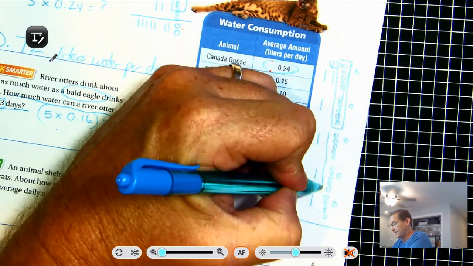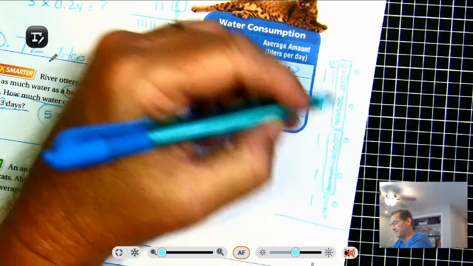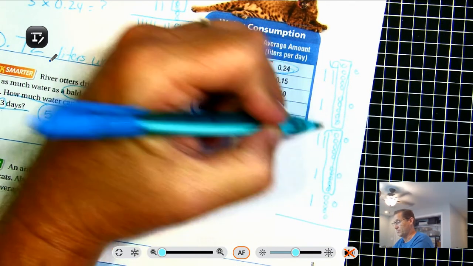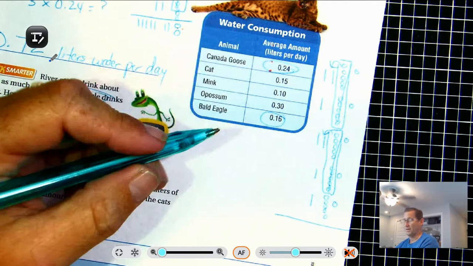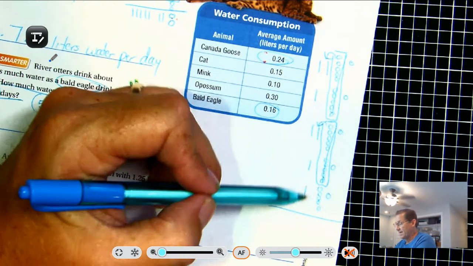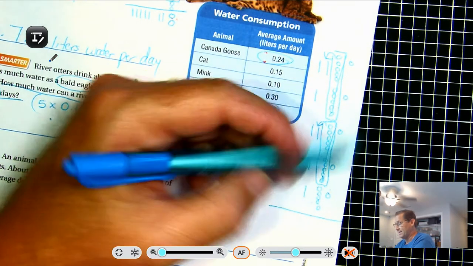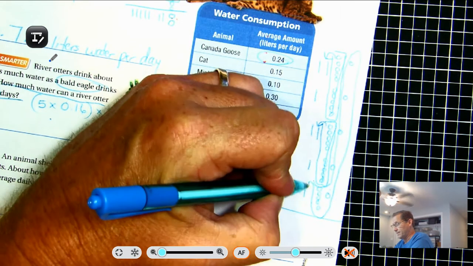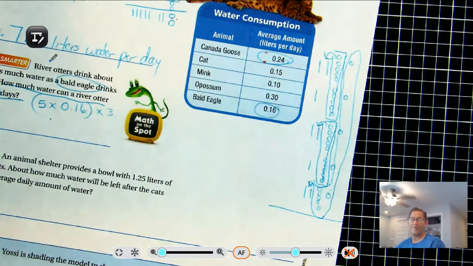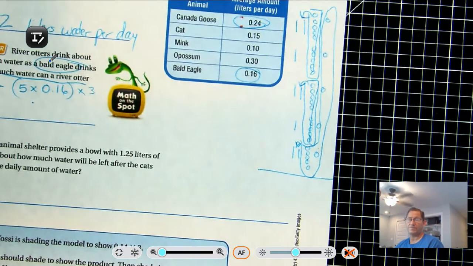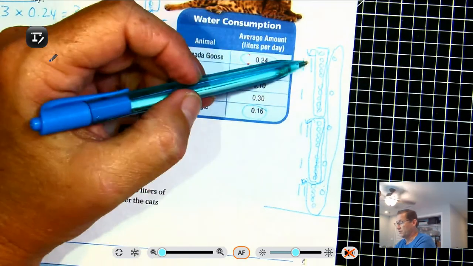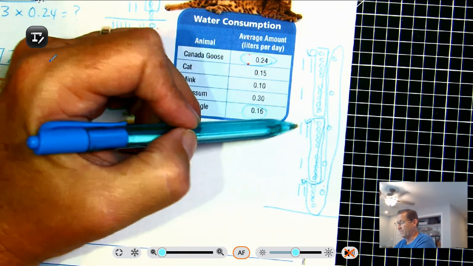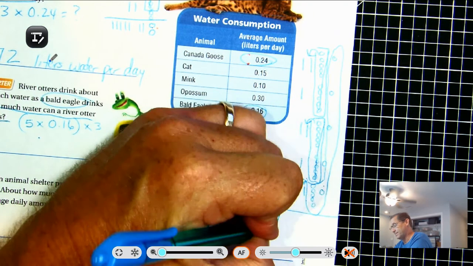I can take another 10 hundredths and trade them for another tenth. Then we have 5, 6, 7, 8, 9, 10. I can take all of those and trade them for a tenth. So we have no hundredths left. How many tenths are there? 2, 3, 4, 5, 6, 7, 8 tenths.